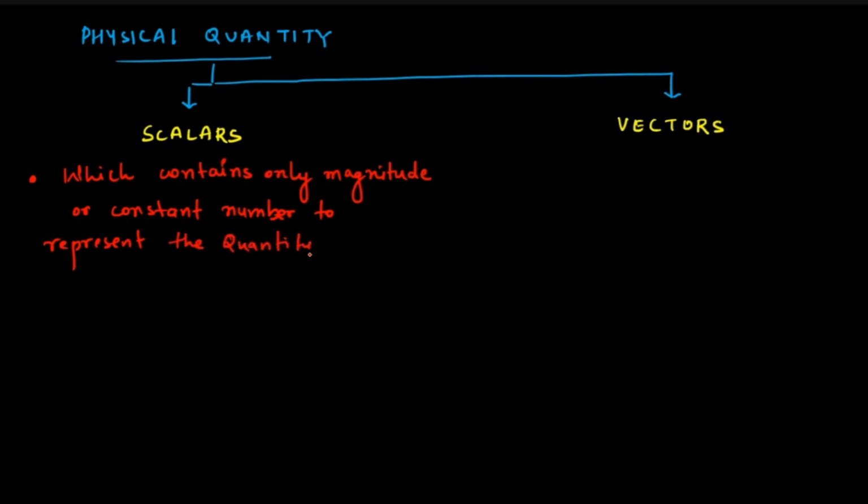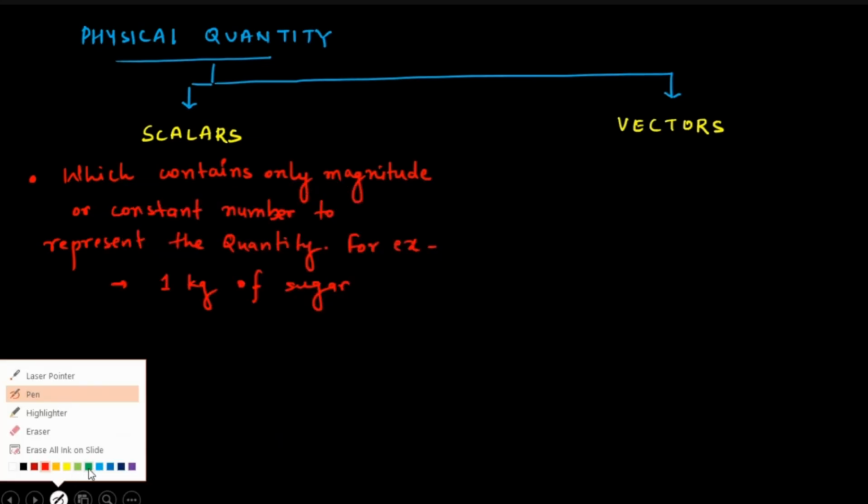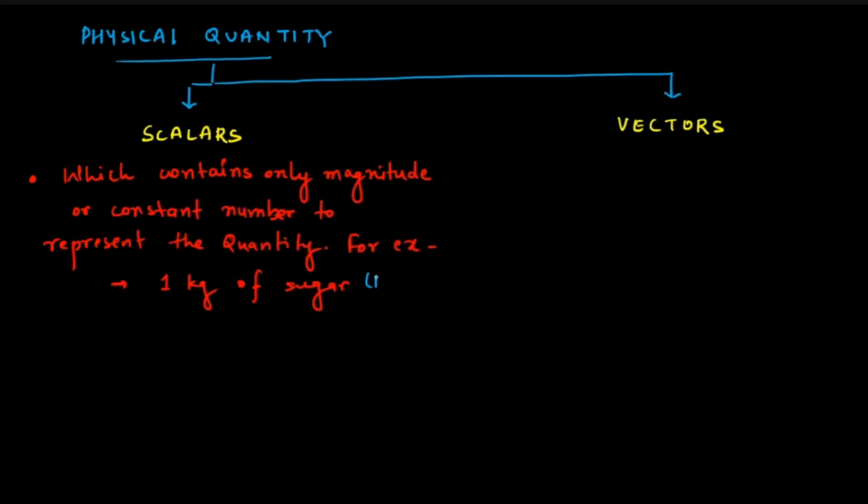For example, let's say we have 1 kg of sugar. This is representing mass, which is one such physical quantity.